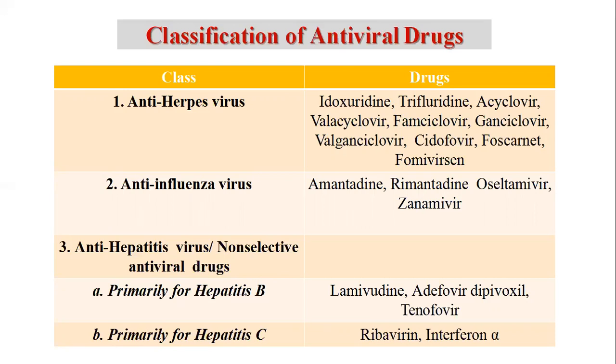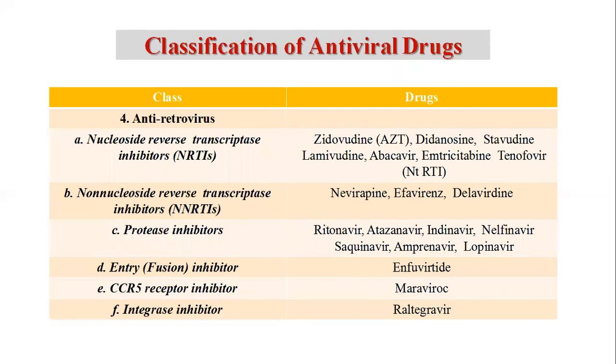These are subclassed into primarily for hepatitis B and primarily for hepatitis C. The drugs specific primarily for hepatitis B are lamivudine, adefovir, tenofovir, etc. And the drugs primarily for hepatitis C are ribavirin and alpha interferon. The fourth one is specific for the retroviruses. They are classed in 6 different categories.